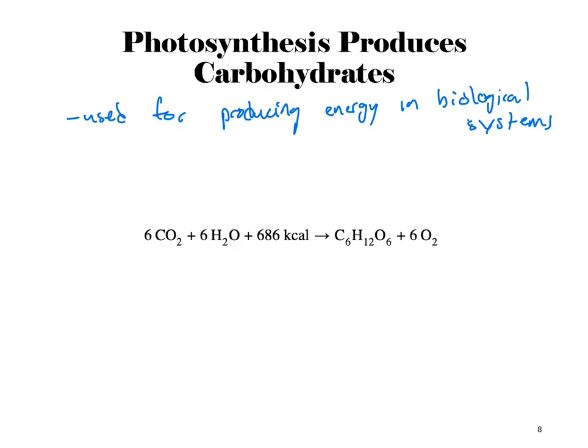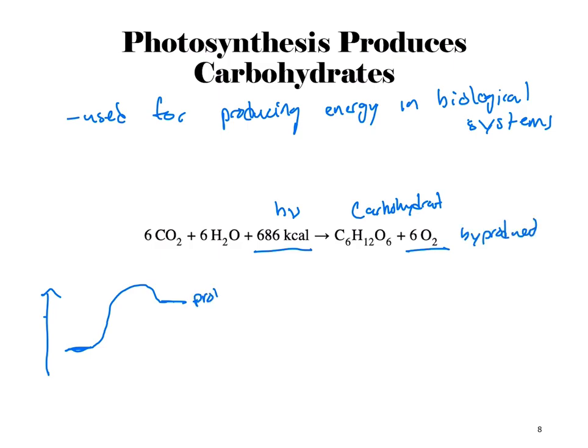And so if we look at this chemical reaction here, we see this energy value right here. This is going to be light that goes into this reaction. And we start with some carbon dioxide and water and make carbohydrates from that. So we're starting with reactants that are relatively low in energy, and we create products. This is a carbohydrate, and oxygen is a byproduct.